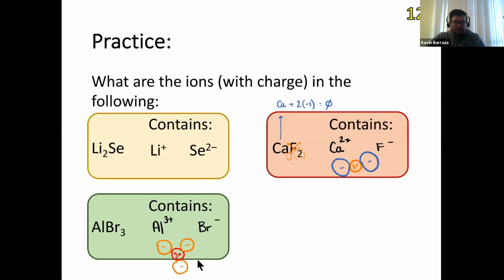I'm not saying it would be perfectly like this, because in real life it looks a little more complicated. But the general idea is that ionic compounds are repeating patterns of a specific sort of unit. And so the specific repeating pattern is going to be the aluminum ion with 3 bromide ions repeating over and over and over in a crystal.